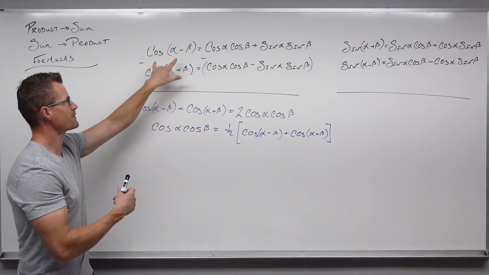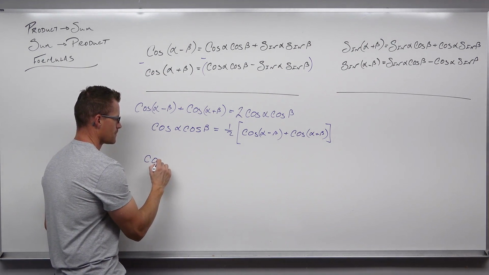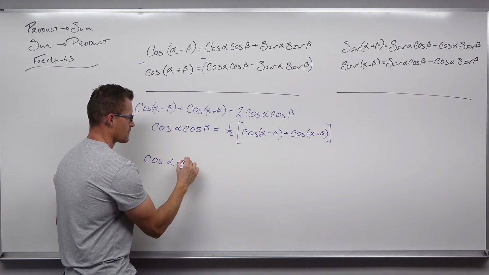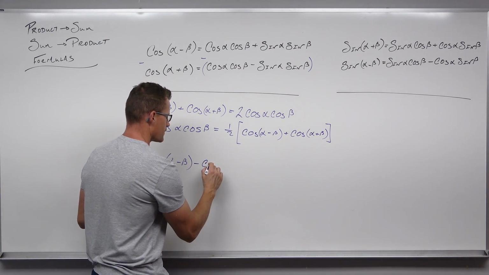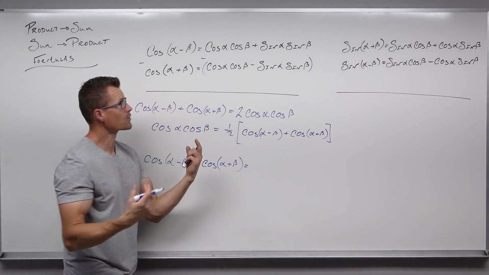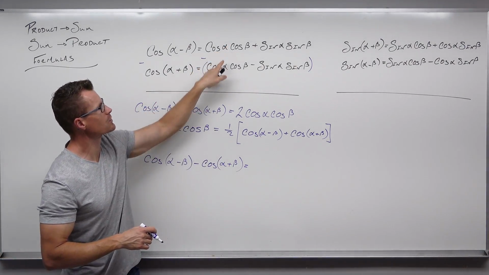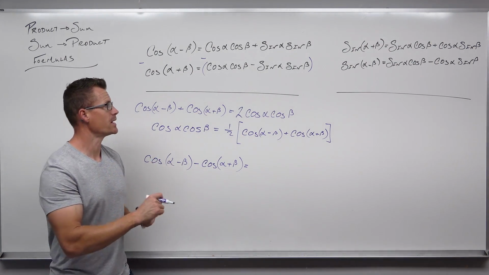So let's subtract them. On the left-hand side, we get cosine alpha minus beta minus cosine alpha plus beta. On the right-hand side, remember we're subtracting. These are going to cancel. These are not. That's going to create 2 sine alpha sine beta.